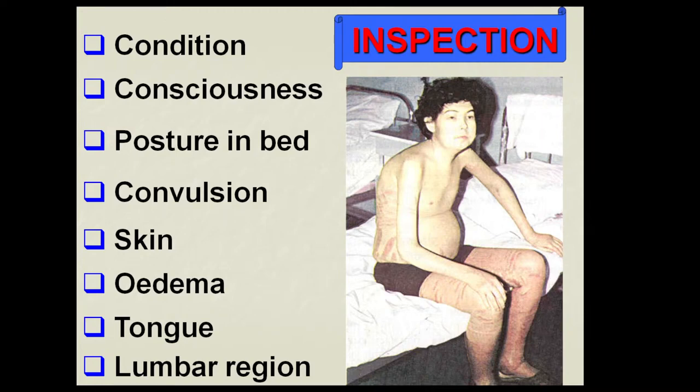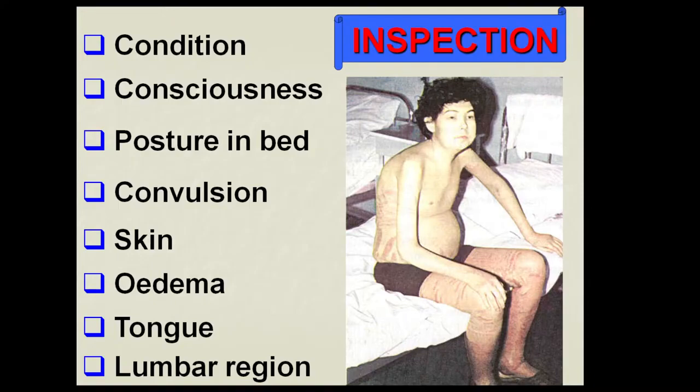Due to intoxication, the consciousness of the patient will be disturbed. Due to decreased vital activity, posture in the bed will be changed. We can see convulsions. The skin of the patient with kidney disease is rich with pathological symptoms.